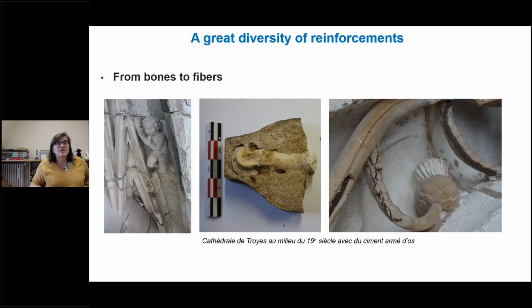Another point is that we have a great diversity of reinforcement. For example, here on Troyes Cathedral in the center of France, in the 19th century, bones were used to reinforce concrete. Then rebars.